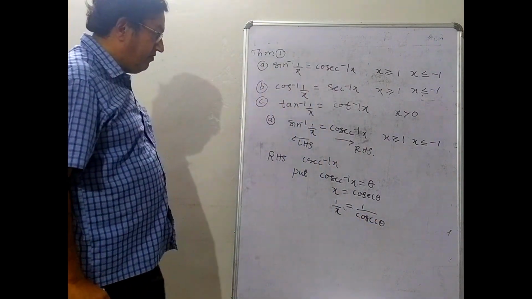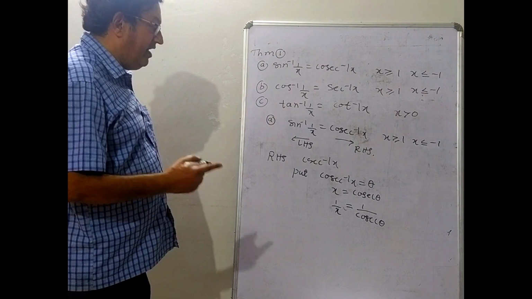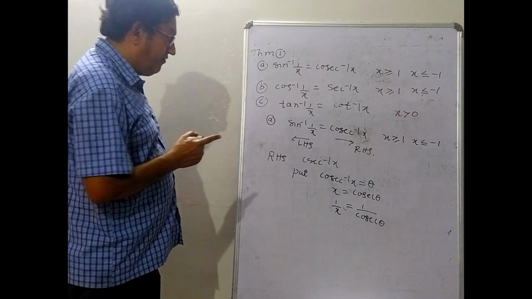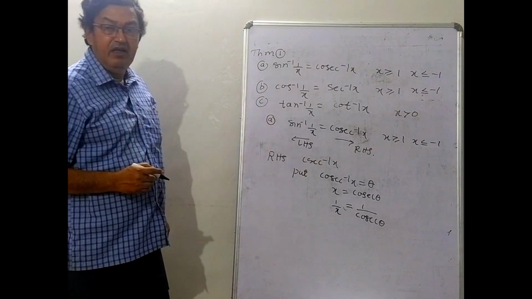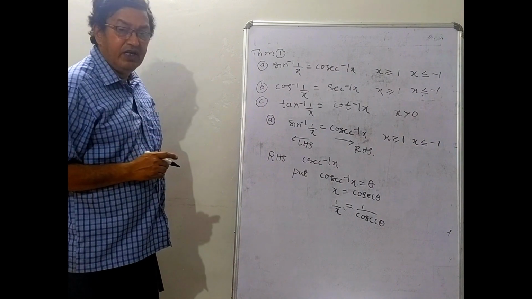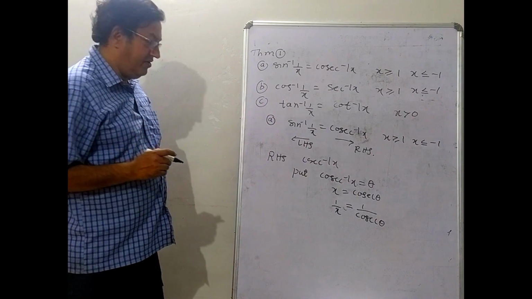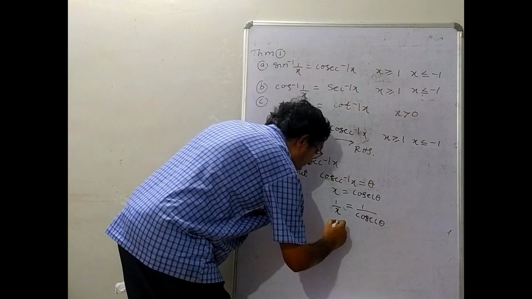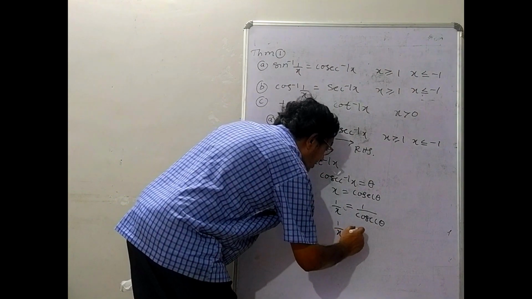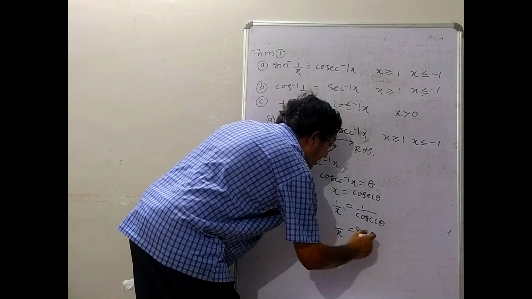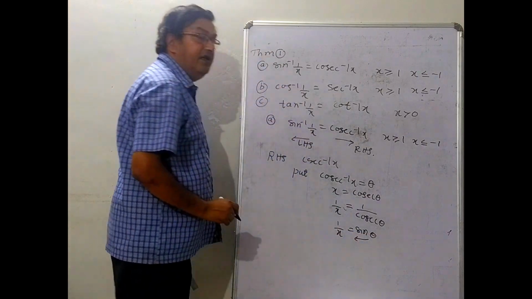So we have taken cosec inverse of x is equal to theta. Then by the definition of inverse trigonometric function, x will be cosec theta, and 1 upon x will be 1 upon cosec theta. But what is 1 by cosec? 1 by cosec is sin theta. Then I will transfer the sine to the left hand side.